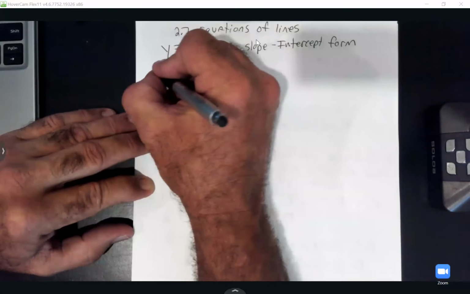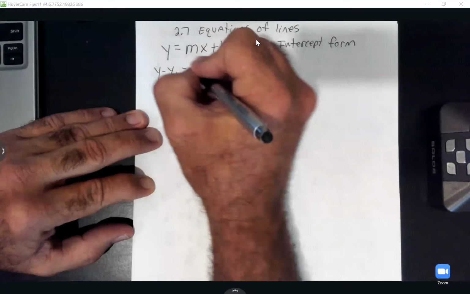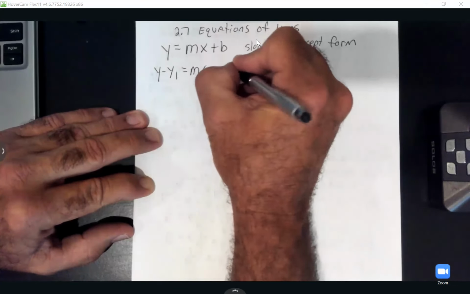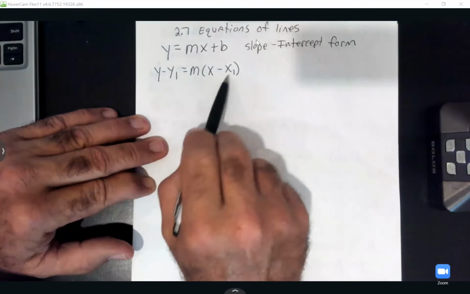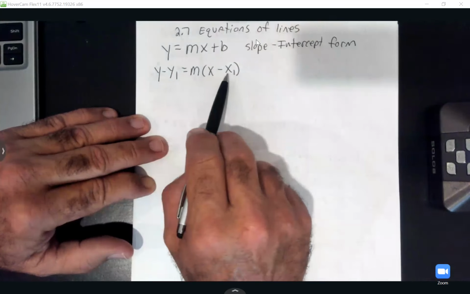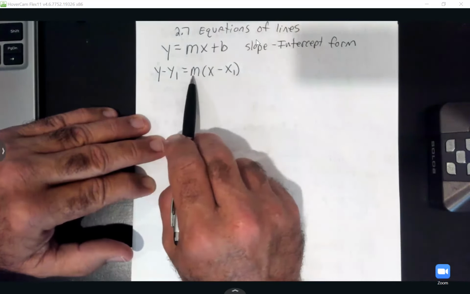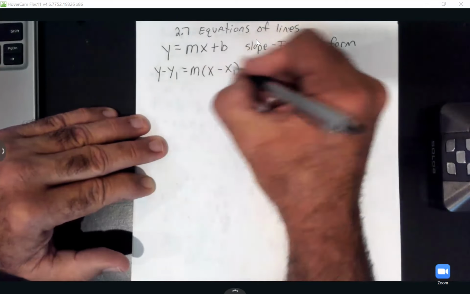Now, another formula we'll look at. Y minus y1 equals m times x minus x1. I'm going to use this formula when I know one of my points, x1 and y1, and I know my slope. This formula is called the point slope form of a line.